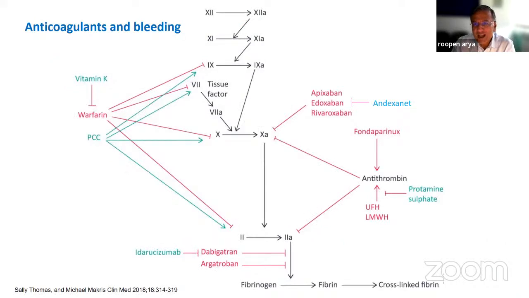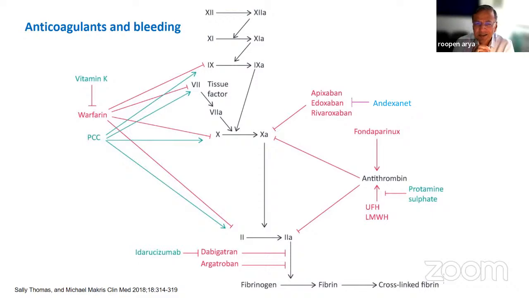So anticoagulants and bleeding, again, for us, this is probably the most common cause of serious bleeding that we see. Clearly with warfarin, we've had measures to monitor warfarin in the form of the high INRs and to reverse warfarin using vitamin K as well as prothrombin complex concentrates for a long, long time.